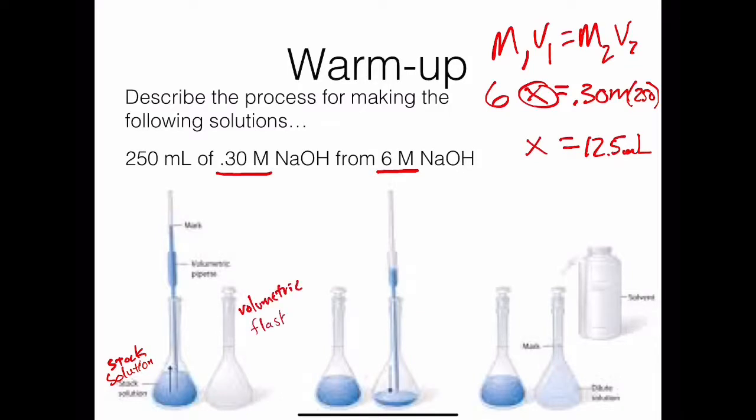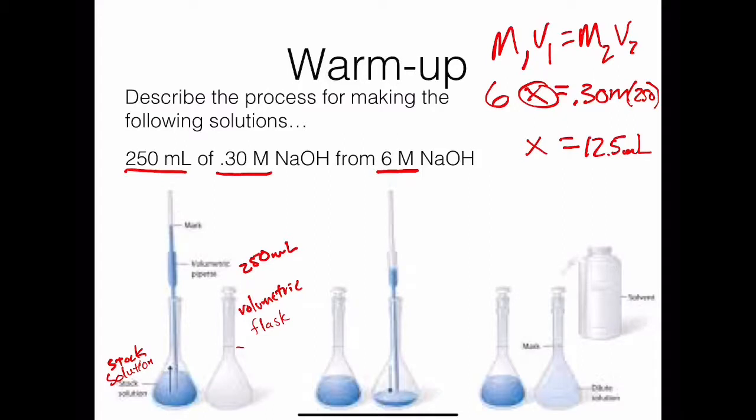And this volumetric flask is calibrated to this point. You can just barely see that little line on there. And what that means is you're going to take a volumetric flask that is the size of the final solution that you're looking for. So in this case, since we're making 250 milliliters, we need a 250 milliliter volumetric flask.